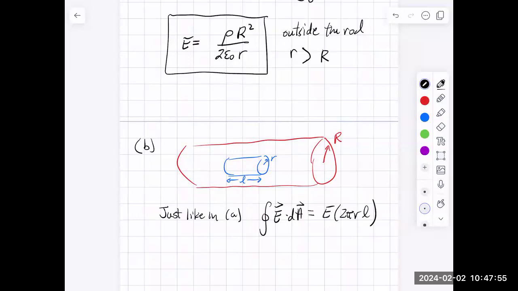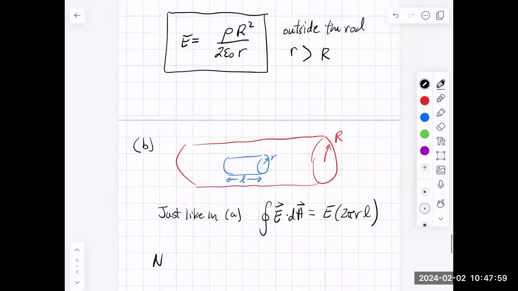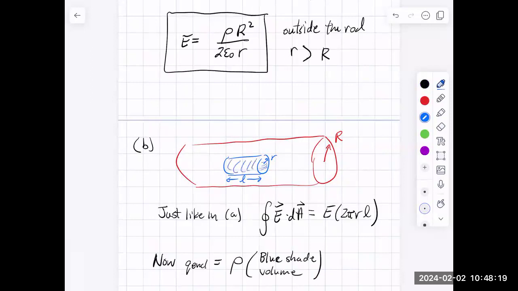What does change is Q enclosed. So now Q enclosed is equal to rho times the blue shaded volume. And so I'll shade it. So it's inside here. Our surface is small, so there's less charge inside of it.